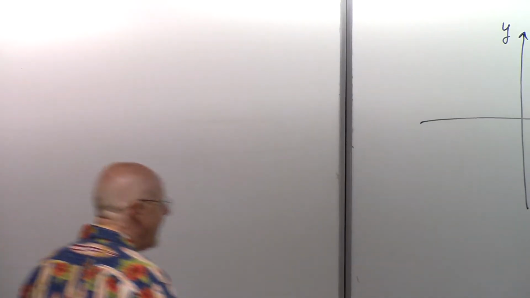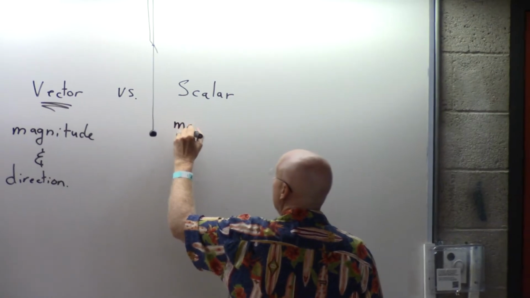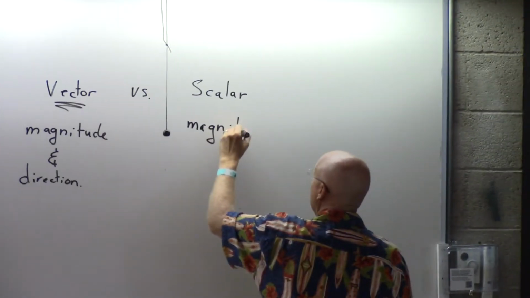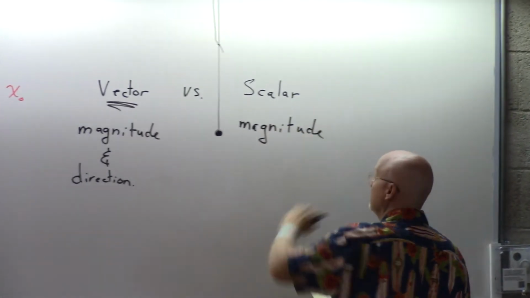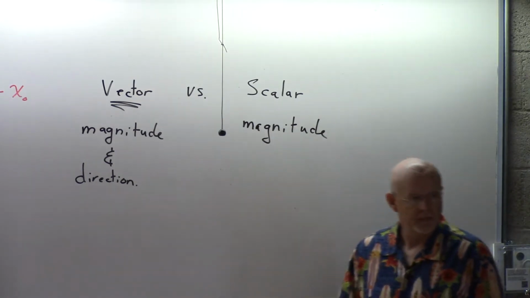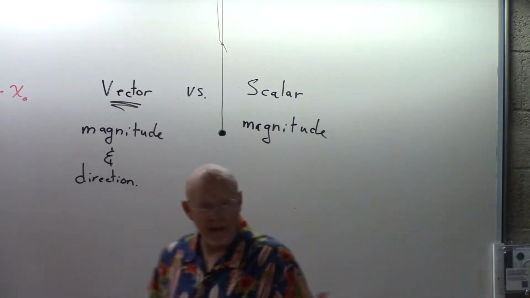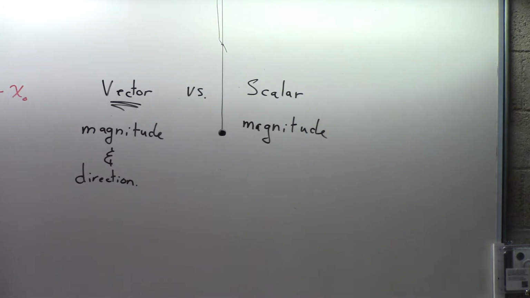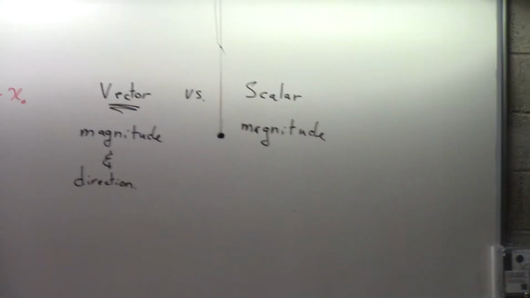However, not all physical quantities have a direction. They just have a magnitude. And so we call those scalars. And probably the best one to point out is just time.